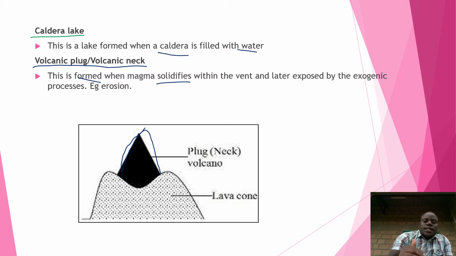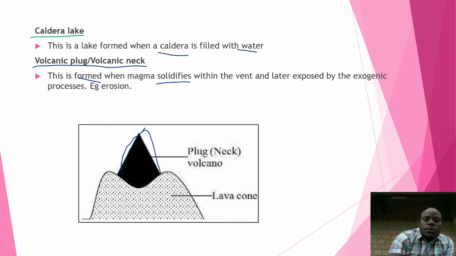But before it reaches the Earth's surface, it cools and solidifies within the Earth layers. Then after time, the upper layers are removed or eroded away by exogenic or external processes like erosion and mass wasting. And finally, the sharp neck remains because it is hard and resistant, and it stands as a neck, and thus the name volcanic neck.